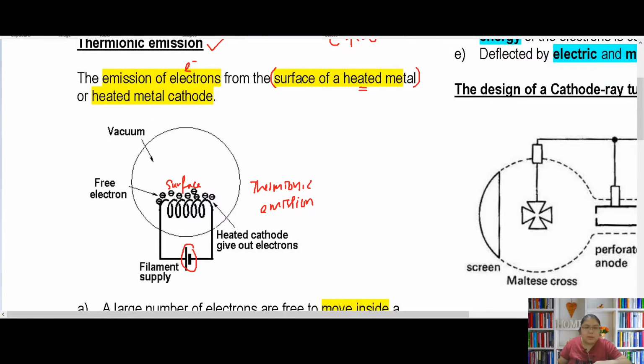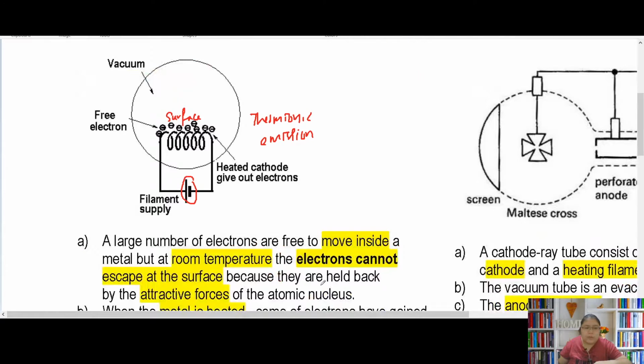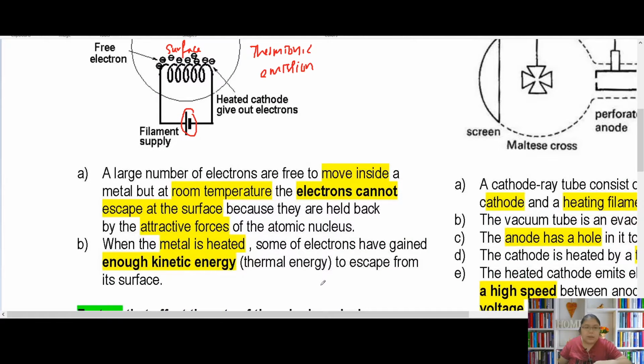Now we continue with the following. Now the explanation about thermionic emission. A large number of electrons move inside the metal at room temperature. That means not at the surface, just inside the metal.